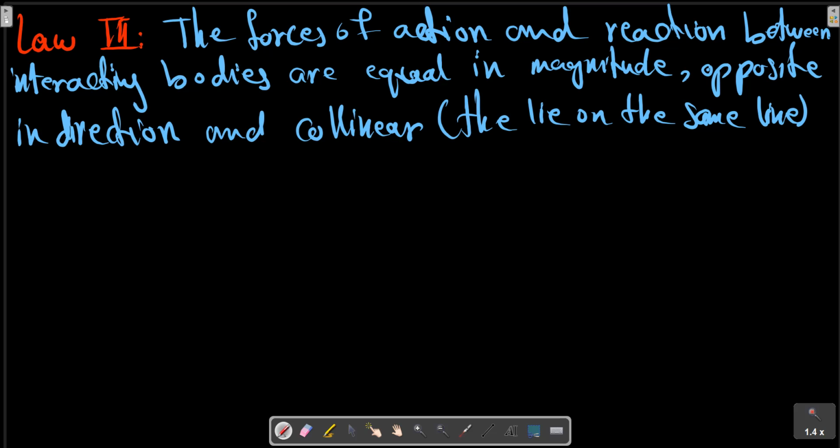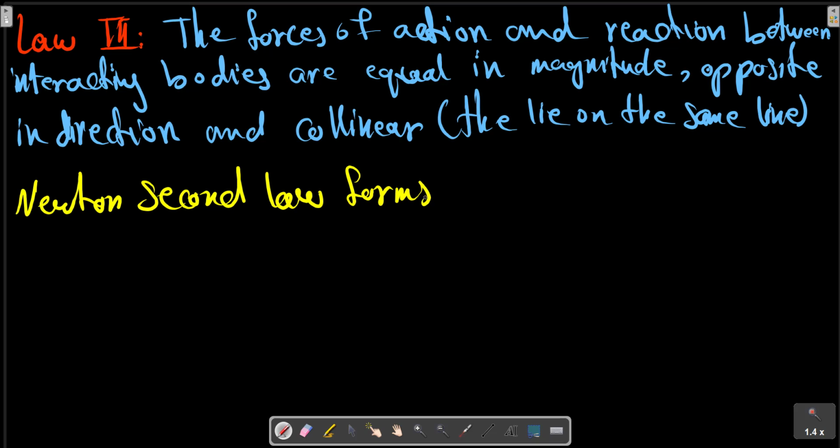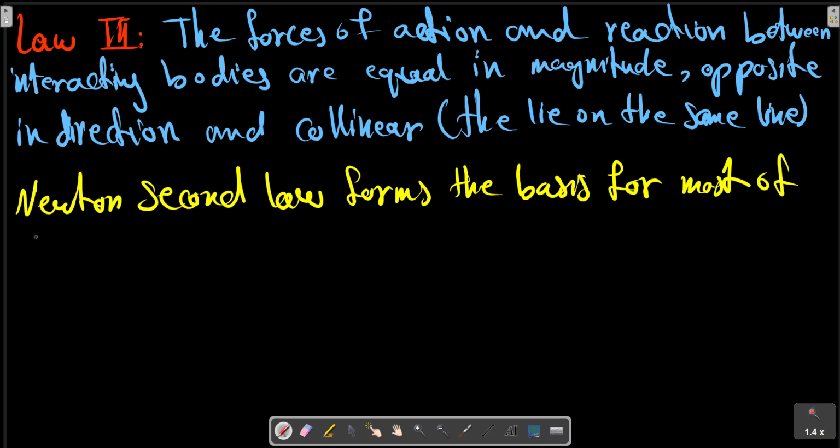Newton's second law forms the basis for most of the analysis in dynamics.